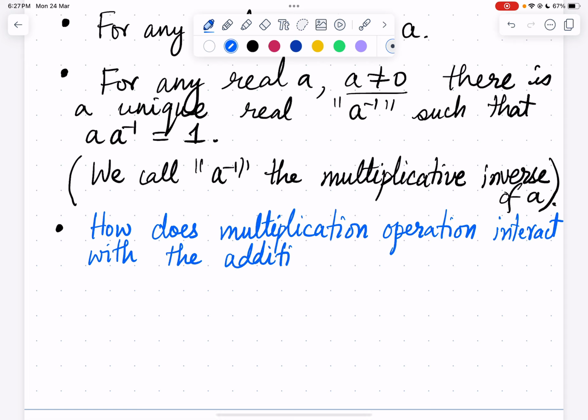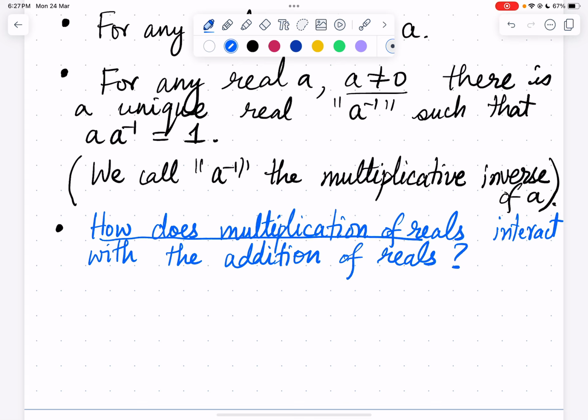So we had distributivity, so we'll again have distributivity here. Or multiplication operation means multiplication of rationals, it's not clear, right? So I'll write multiplication of reals interact with addition of reals. So how does multiplication of reals interact with addition of reals?